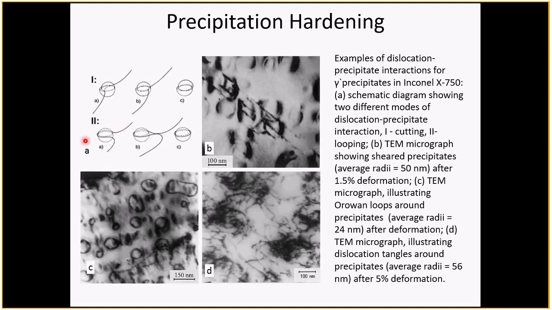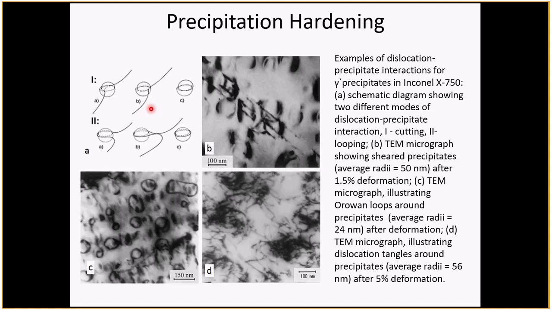The other way that dislocations can pass precipitates is, well, not by passing through, but by going around and then creating this Orowan loop. I have it in some of the earlier lecture notes. We didn't talk about the process that much, but you are aware of it. And these two processes, if you probably remember, I talked about precipitate size and aging and stuff like that.